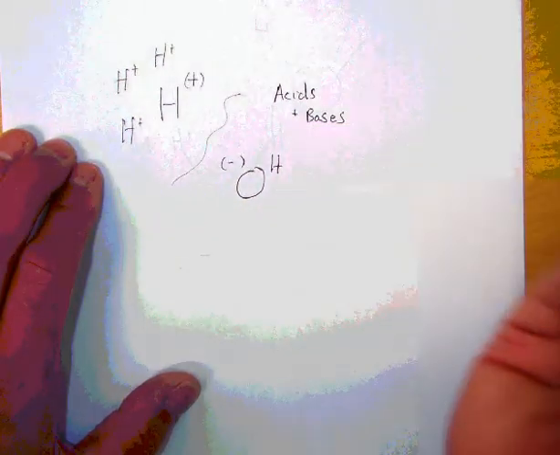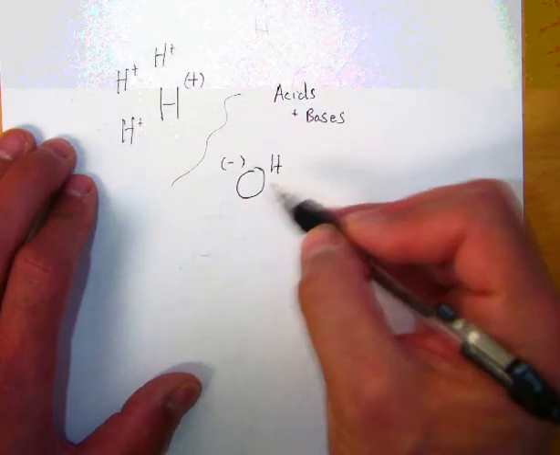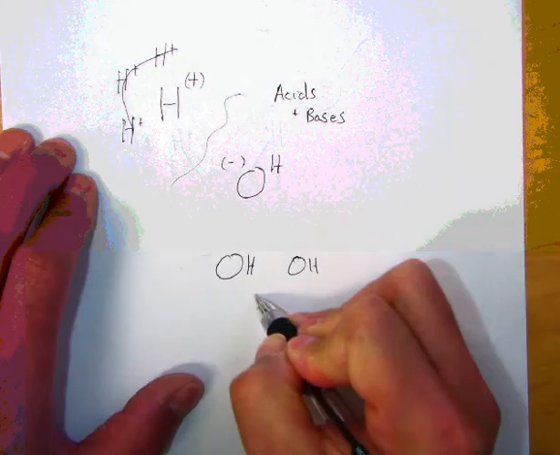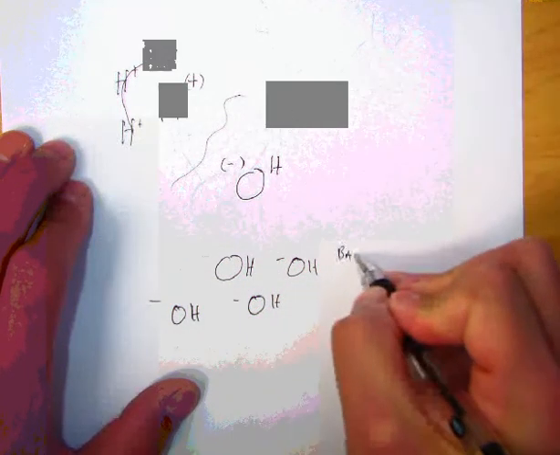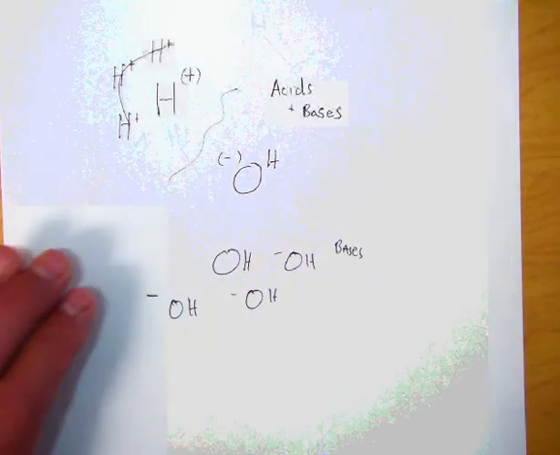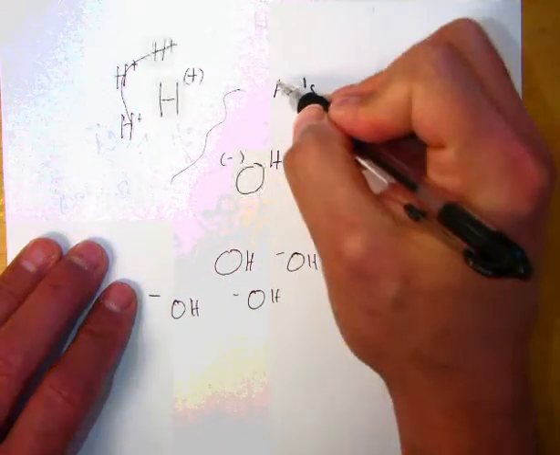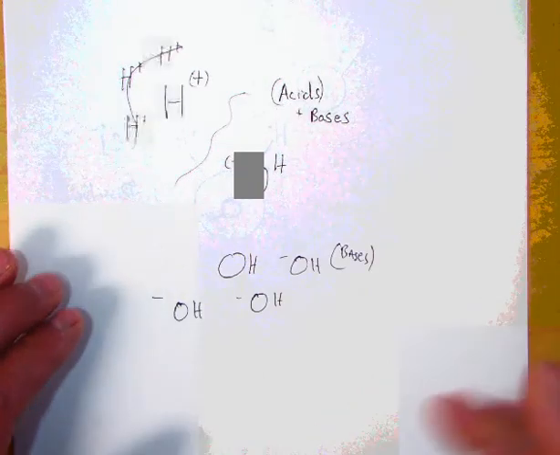All right, and then some materials, when they dissolve in there, instead of getting lots of extra hydrogens, you get lots of extra OHs. And you have all these OHs floating around. And those are all negative. Those would be bases. All right, now there's more than one way to define acids and bases, but we do measure them all the same way.